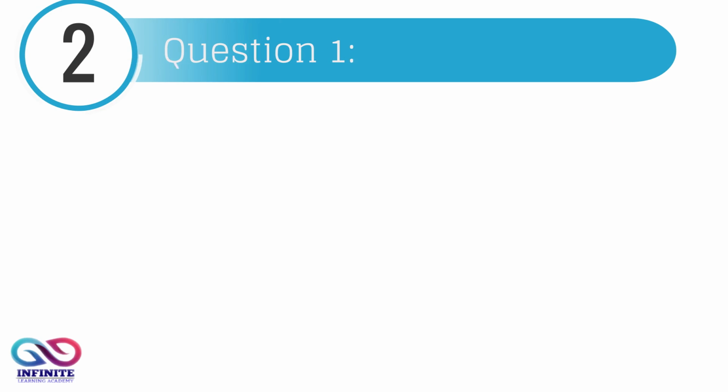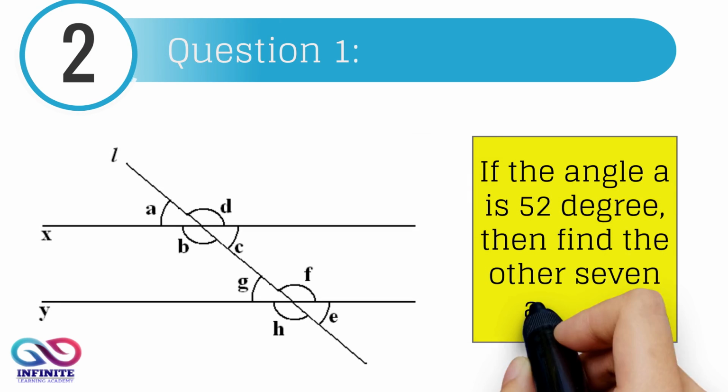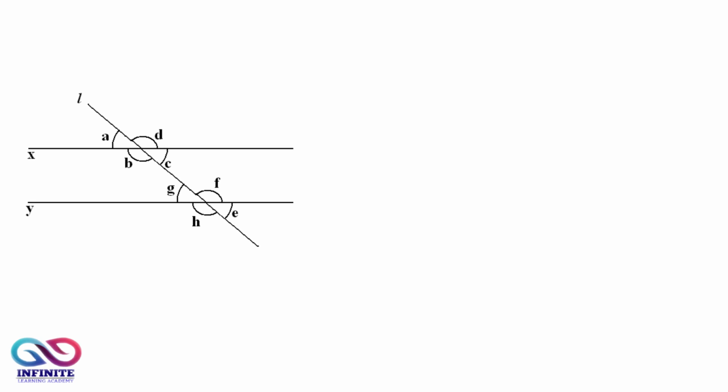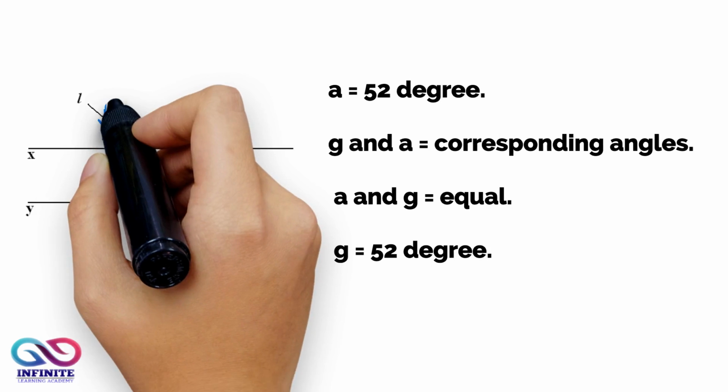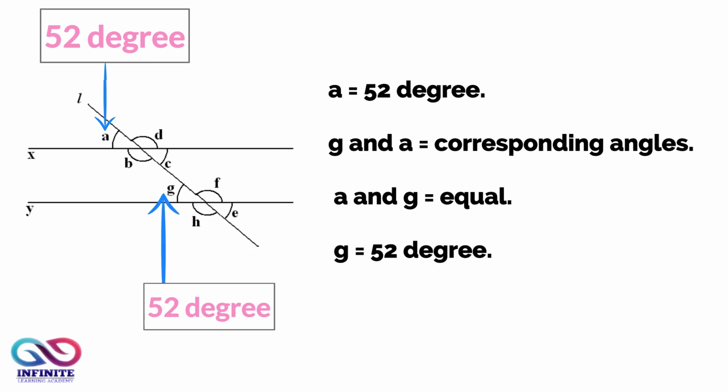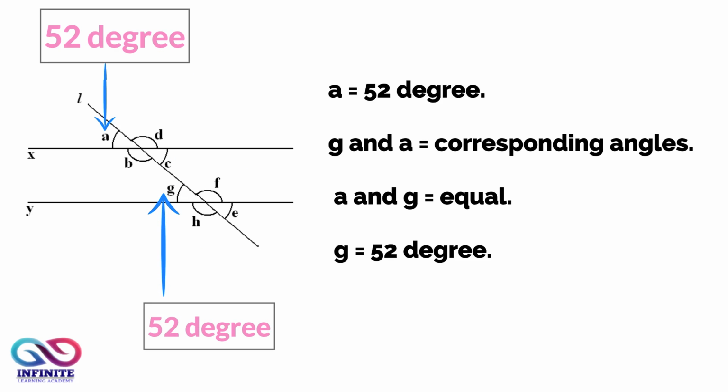Let's try a few questions. Question 1. In the given figure, if angle A is 52 degrees, then find the other 7 angles. Given that A equals 52 degrees, and G and A are corresponding angles, so A and G are equal.